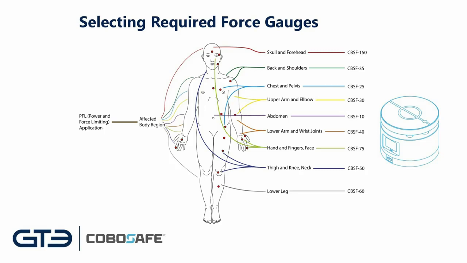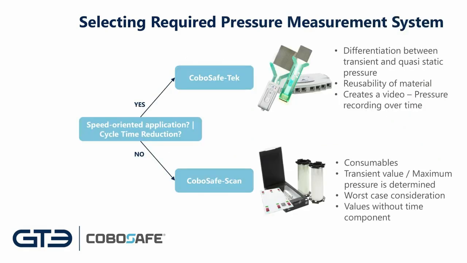Then you have to select the appropriate pressure measurement system. Again, if your goal is safety and you do not have a cycle time critical application, the CoboSafe Scan pressure measurement is recommended.